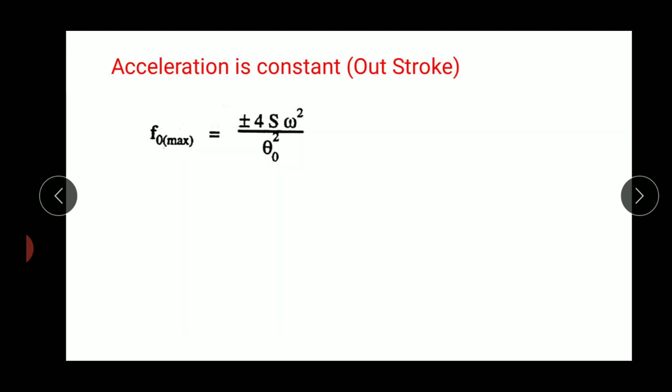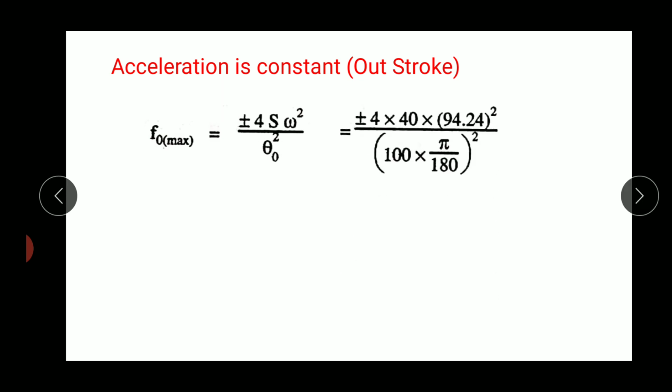So it is plus minus over here. Put all the values as a constant. So for s is 40 mm, omega we had calculated 94.24, and theta o is 100 degrees. Let's convert it into radians, so multiply by pi by 180. If you had calculated theta o in radians earlier, then directly put the value of theta o in radians over here. You need not put this entire calculation over here.